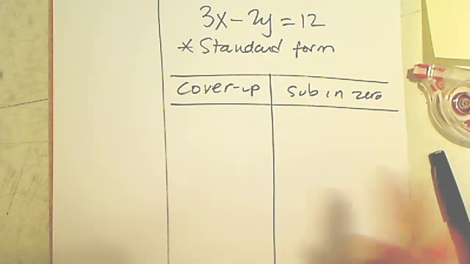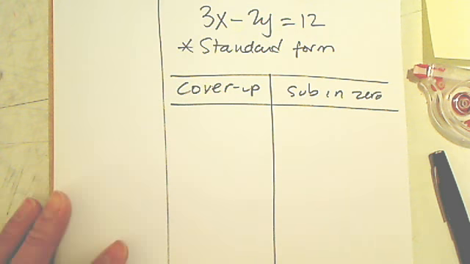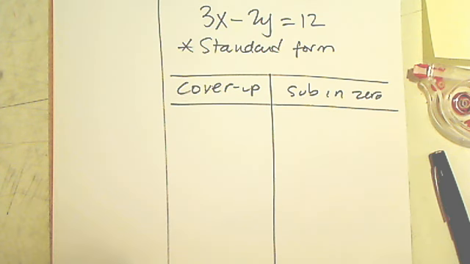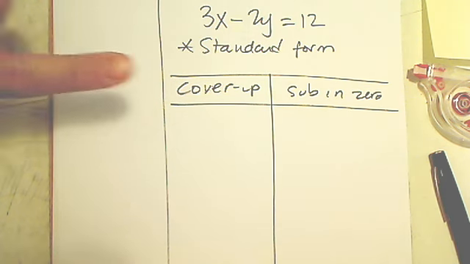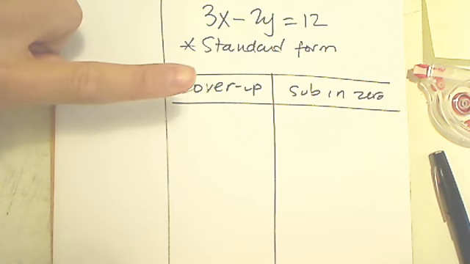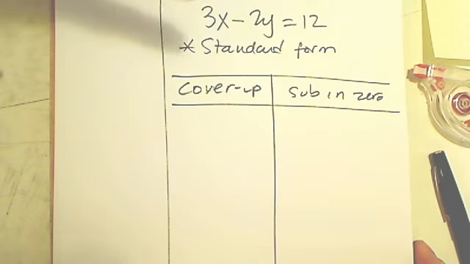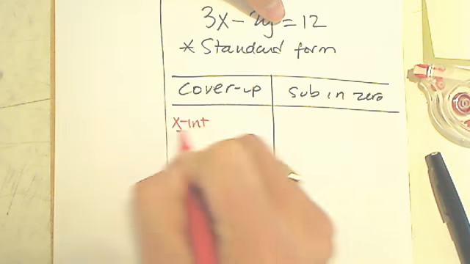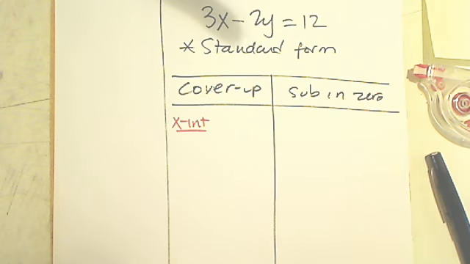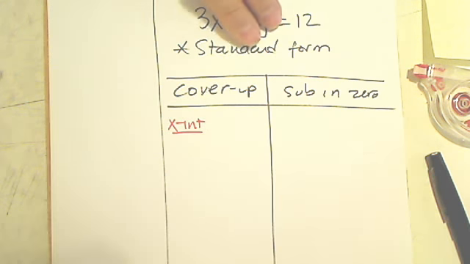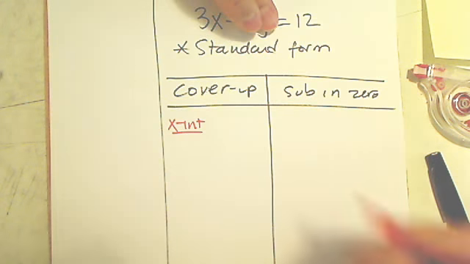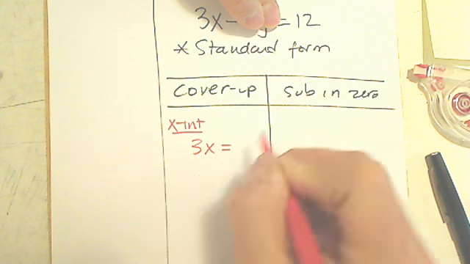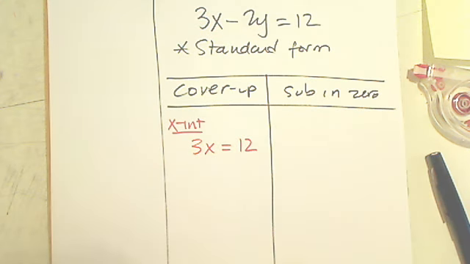First way, the cover up. Take your finger and let's find the X-intercept first. I cover up the Y. What do I have left? 3x equals 12.